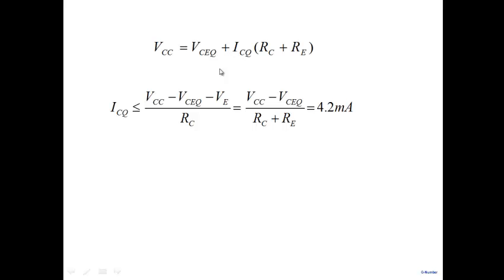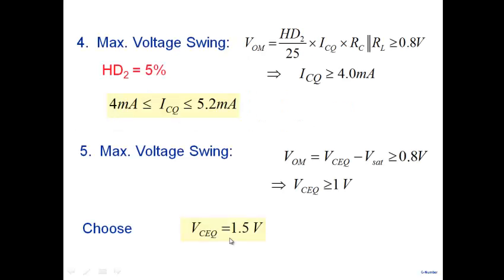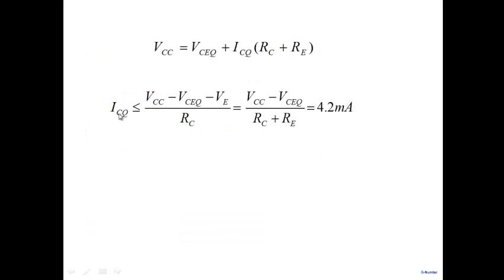Once you choose VCEQ, RC and RE, it puts a constraint on how large ICQ can be. So if you choose VCQ equal to 1.5, it tells you that your ICQ, which is VCC minus VCQ by RC plus RE, must be less than or equal to 4.2 milliamperes here.